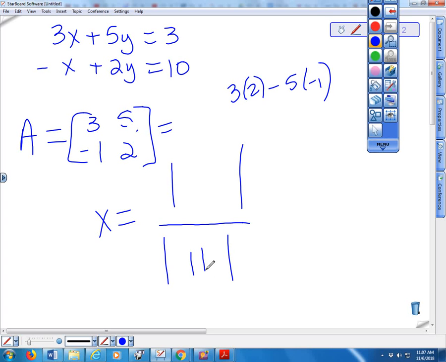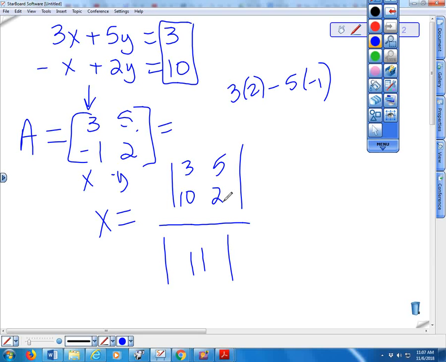Everybody follow so far? Okay, so to find x, what we're going to do is we're going to take this coefficient matrix, we're going to replace the first column, because the first column was our x coefficients and the second was our y's, right? We're going to replace the first column with the constants. And that's how we find x.